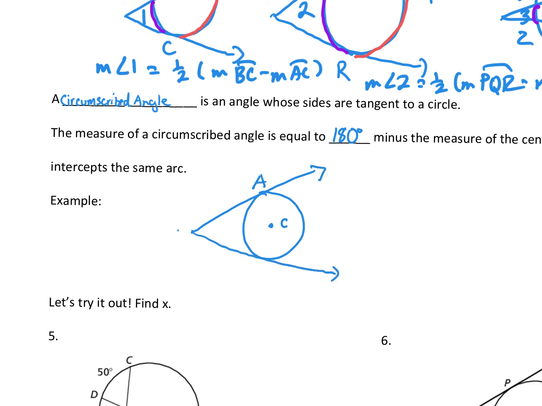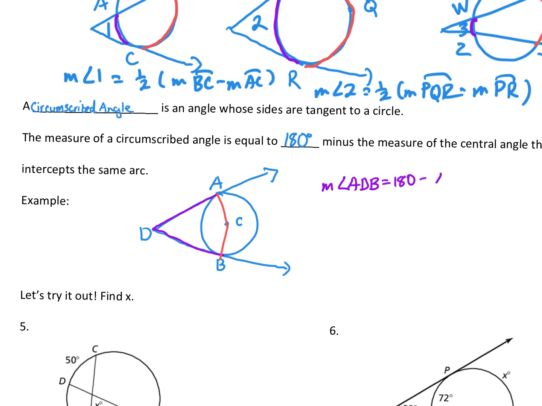Call this A, D, B. The circumscribed angle is this one right here. So if you don't know the arc lengths, but you know this angle, we can say that the measure of angle ADB is 180 minus the measure of angle ACB.